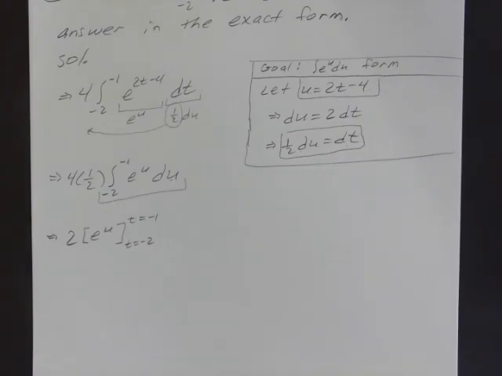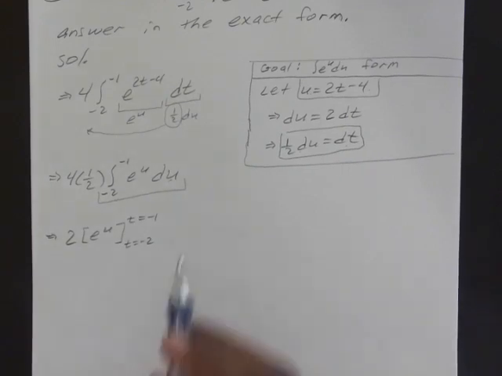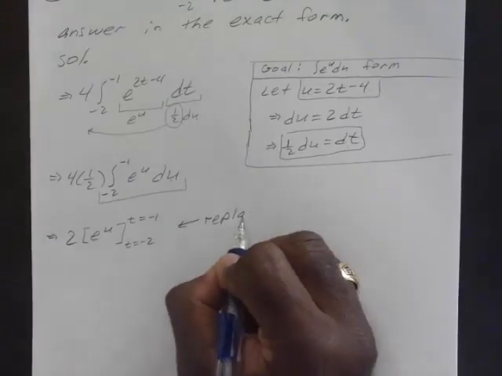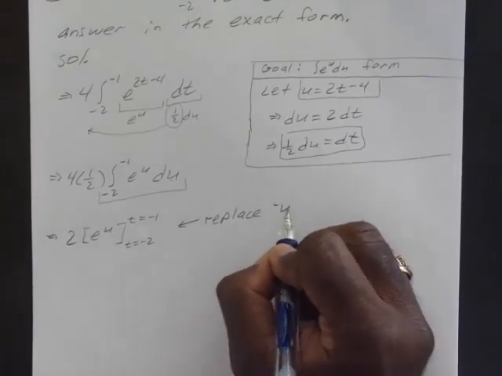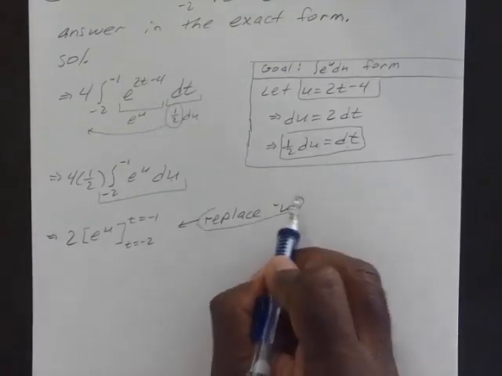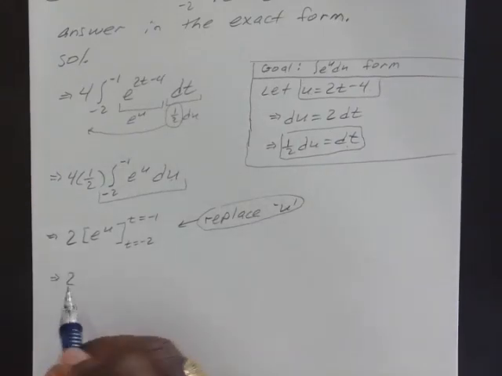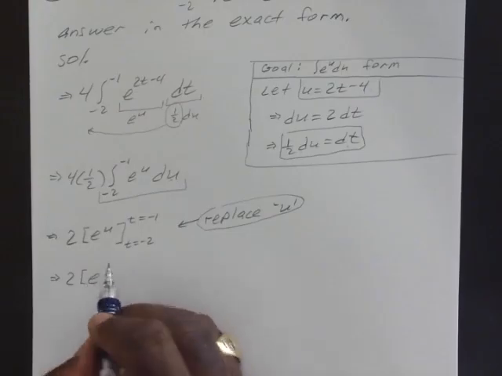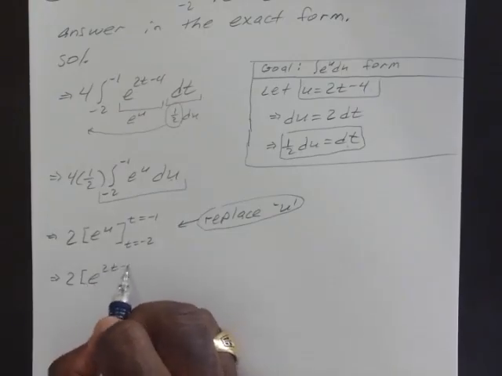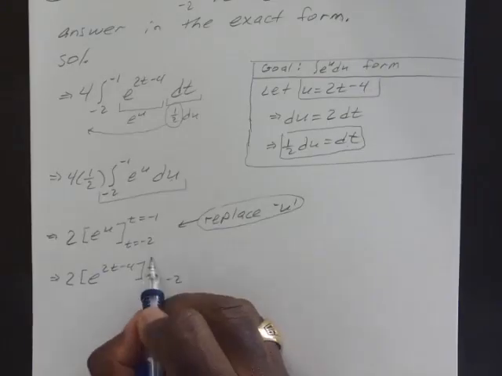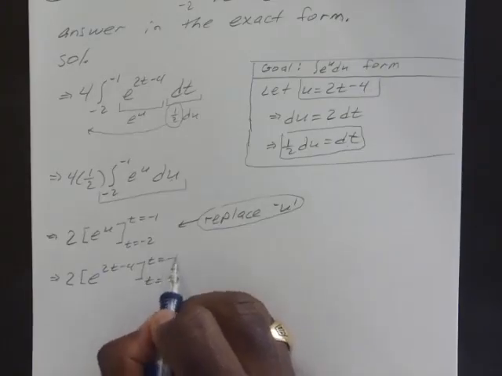Okay, so now we just go ahead and replace u, so we can plug in our t values. So this just becomes 2 times e to the power of 2t minus 4 from t equals -2 to t equals -1.